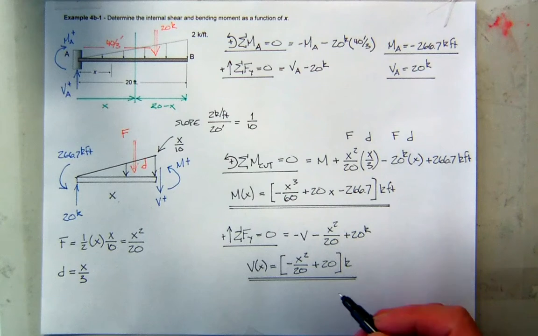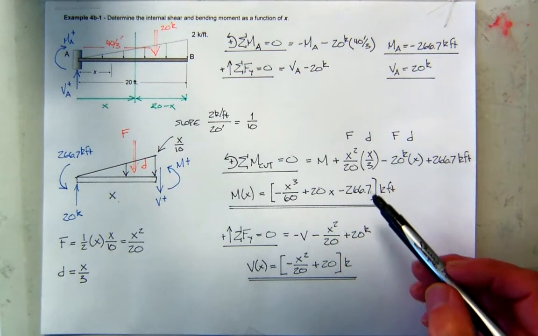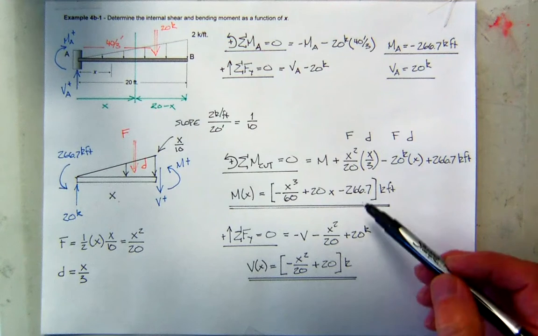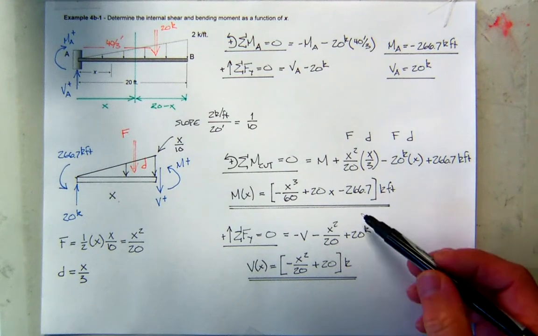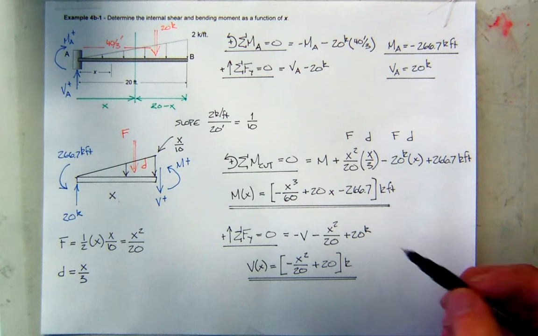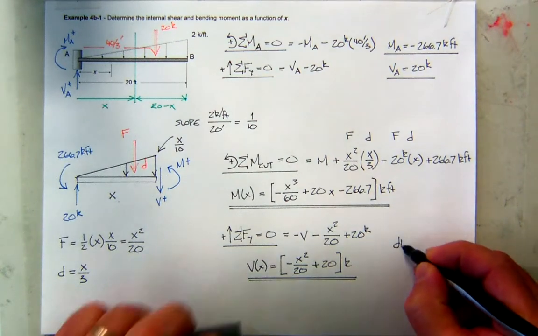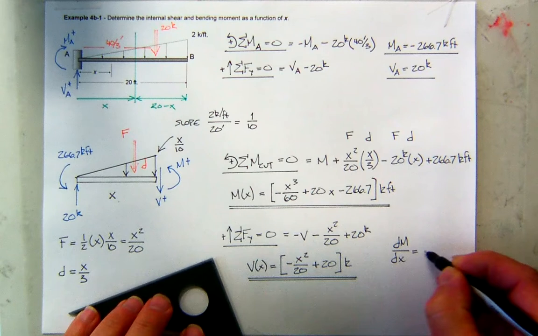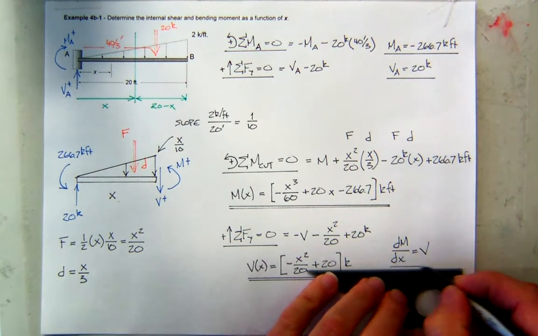And while we're here, do you see any relationship between moment and shear? Think about calculus. Take a wander to Dunn Hall in your mind. Yeah, it looks like that if you took the derivative of the moment with respect to x, you would get the shear.